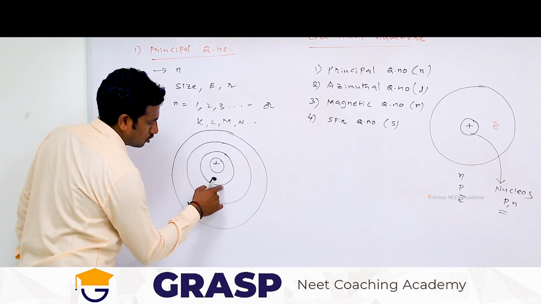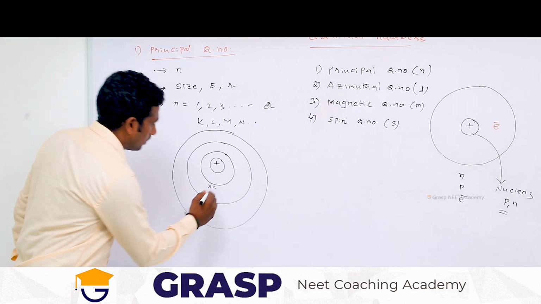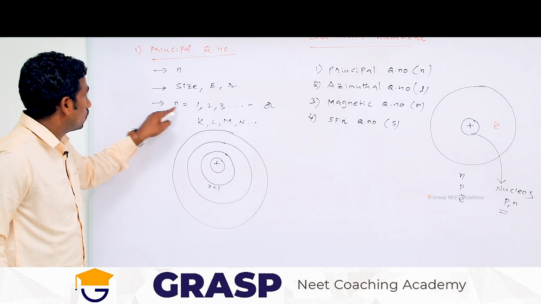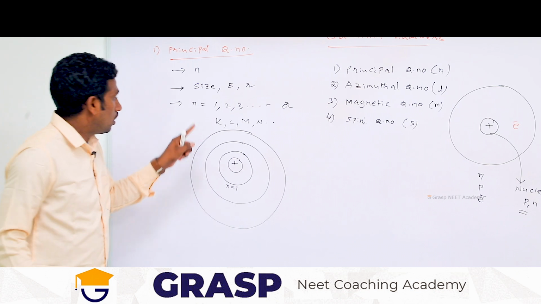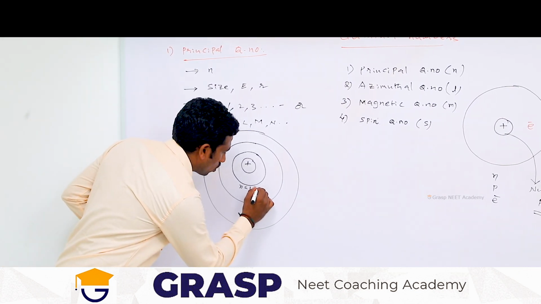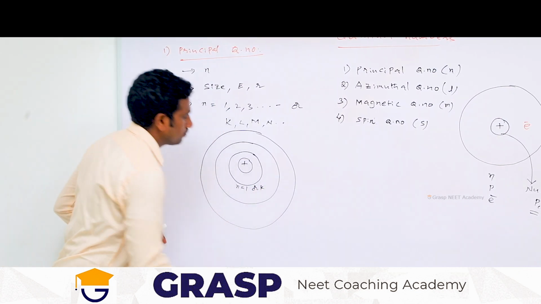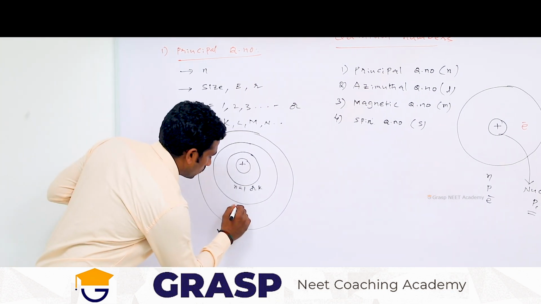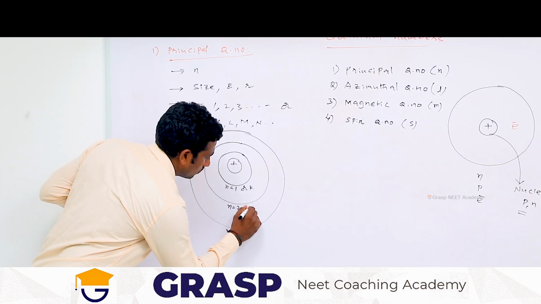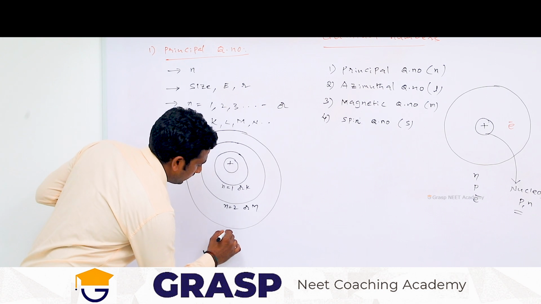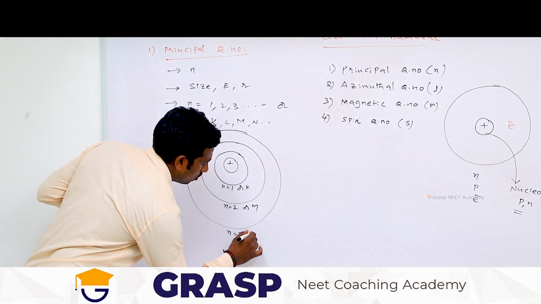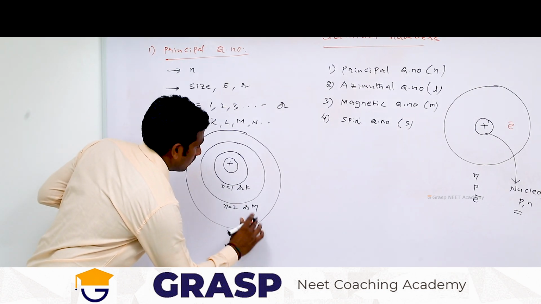This orbit you can denote with 1. n equal to 1 means the first orbit, or else you may denote it K. n equal to 2 means the second orbit, that is L. n equal to 3 means the third orbit, that is M.